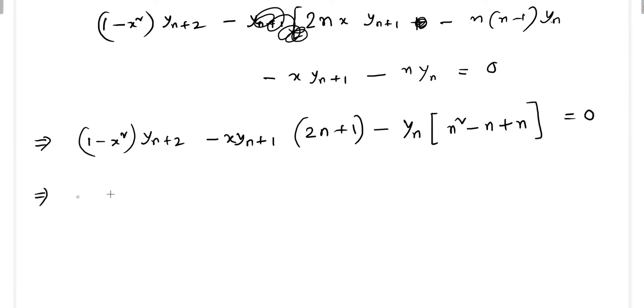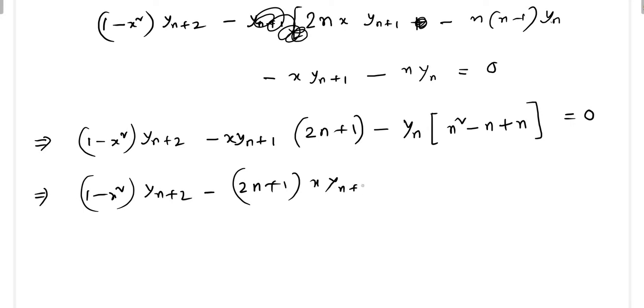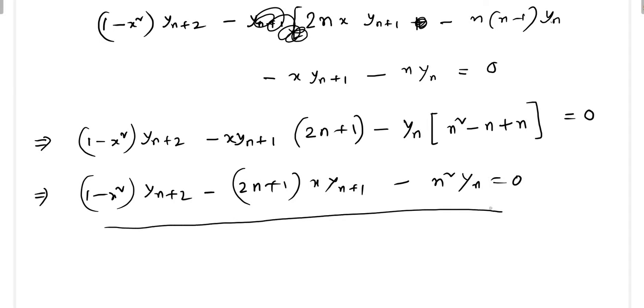So I can get 1 minus x square into yn plus 2 minus (2n plus 1) x yn plus 1 minus n square yn equal to 0. I think this is the last expression of the second problem. So in this way you need to prove; in your exam this type of question will come. So I need to solve one more question.